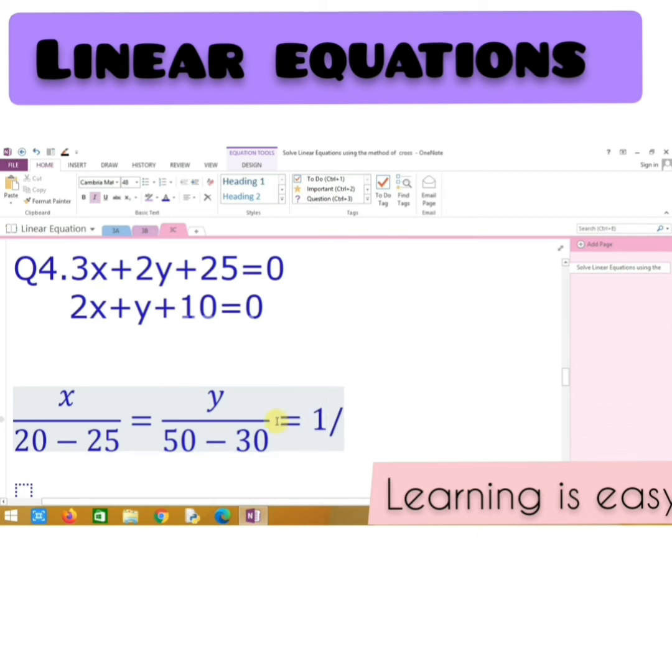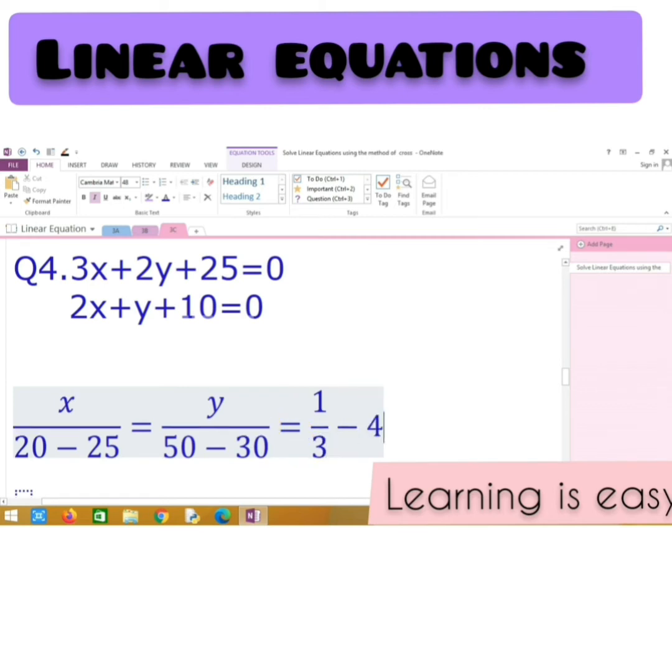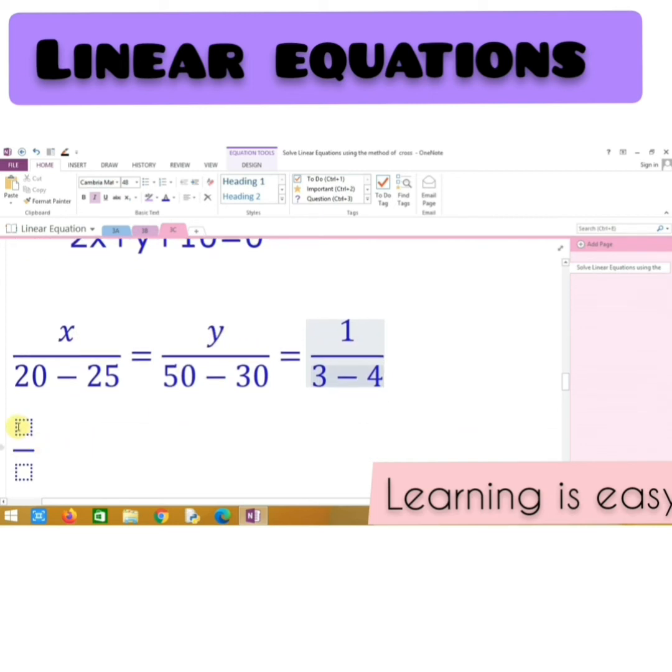So 3 ones are 3, 2 twos are 4. So 3 minus 4. So x and the constant, we get the value of x, and in the same way y and the constant, we get the value of y by equating these two.